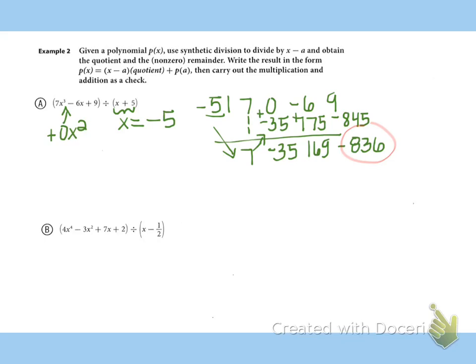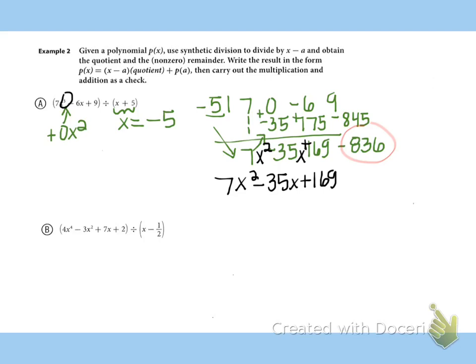When I do that, I look at the original dividend. It was an x cubed term, so I know that this one's going to start with 1 degree lower. That's going to be an x squared. Then the next term will be an x, and the final one will be a constant term. So that would be 7x squared, and then minus 35x plus 169.